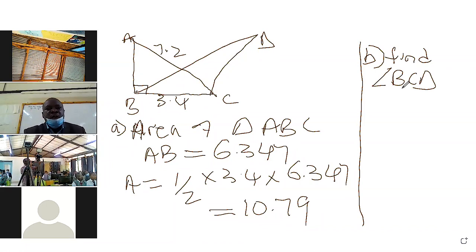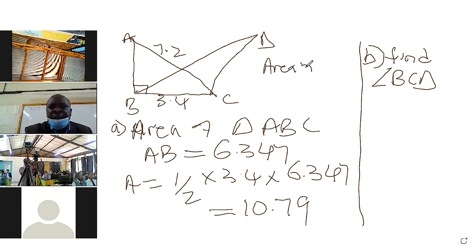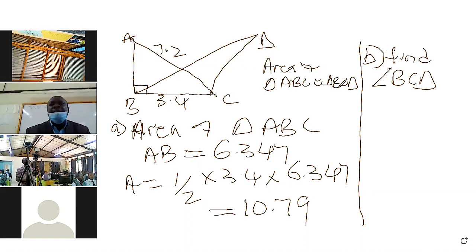Now I use the sine formula. There was an indication here that the area of triangle ABC is equal to the area of triangle BCD. That was a condition given by the examiner, that the area of those two triangles are equal. So now I work out and have this one here.